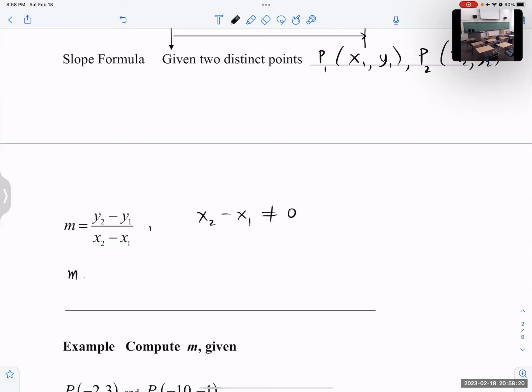Also, y2 minus y1 is called the change in y, and that's represented by this Greek letter delta y. Delta means change. So delta y is change in y. And delta x means the change in x.